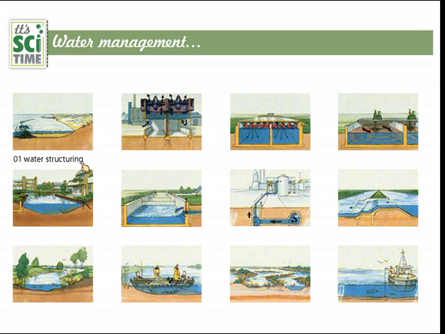First one, water structuring. That means naturally water flows through the rivers or lakes, but as mankind we can intervene to structure the water, or build some artificial lakes, tanks, reservoirs, or such things.